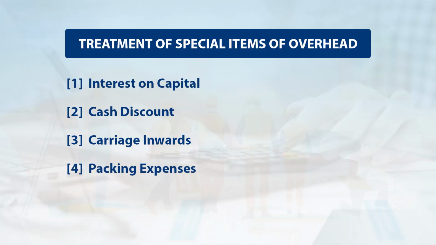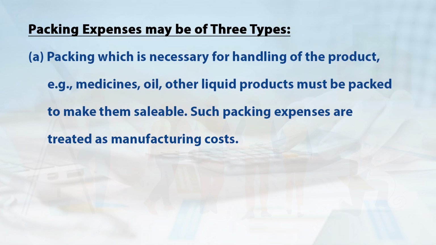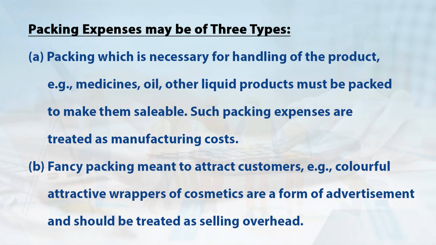Fourth, packing expenses. Packing expenses may be of 3 types. First, packing which is necessary for handling of product, for example medicines, oil, other liquid products must be packed to make them sellable. Such packing expenses are treated as manufacturing cost. Second, fancy packing meant to attract customers.